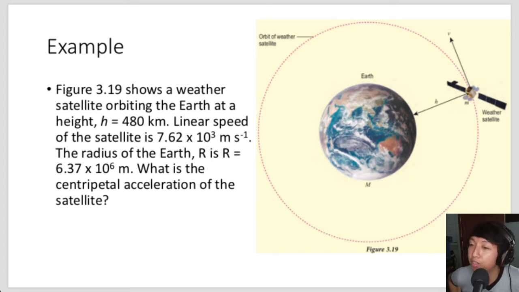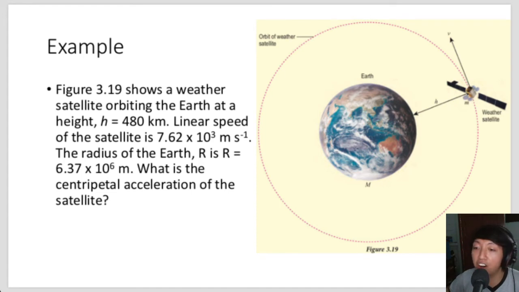Alright, so figure 3.19, and again, this is in your textbook, but please follow along. It shows a weather satellite orbiting the Earth at a height of 480 kilometers. The linear speed of the satellite, meaning the speed in a straight line, is 7.62 times 10 to the power of 3 meters per second.